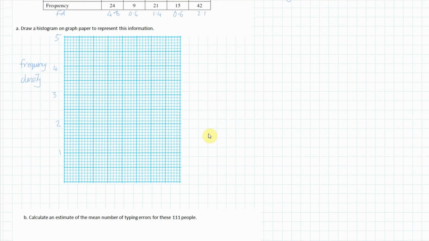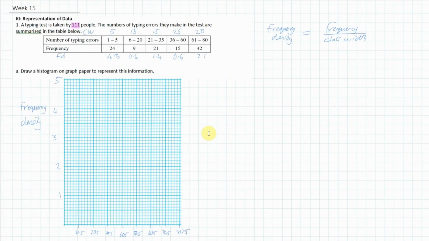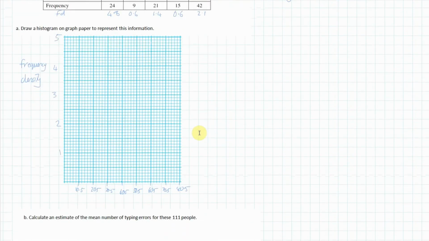The way I would label this is 10.5, 20.5, 30.5. Remember, this will just be a sketch when you're doing it. 40.5, 50.5, 60.5, 70.5, and then 80.5. I'm doing that because of the class boundaries that we talked about before, and we can say this is number of errors.